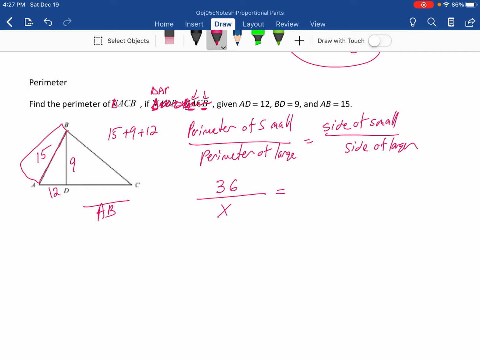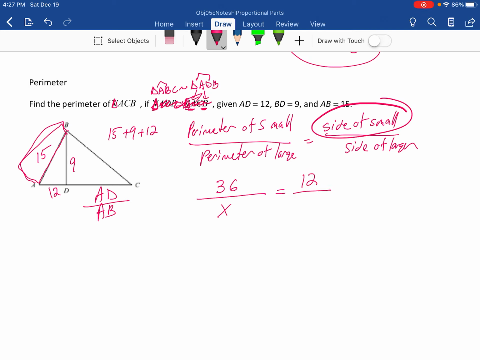It should be, if I did ABC for the larger one, then ADB for the smaller one. There we go. Sorry about that, guys. So I know side AB on my larger triangle corresponds to side AD on my smaller triangle. So I use that.